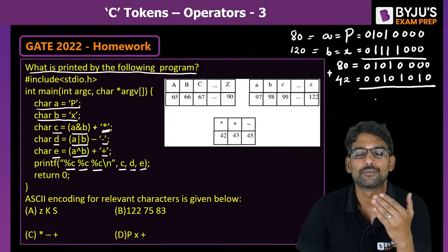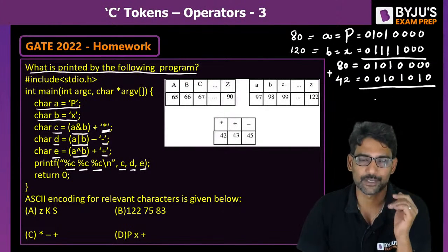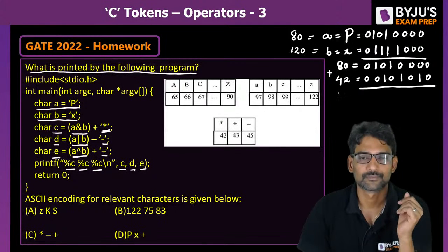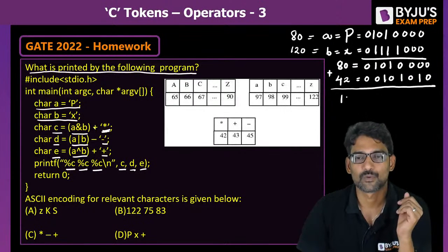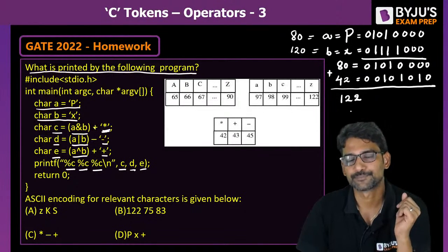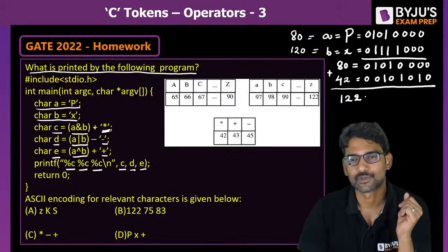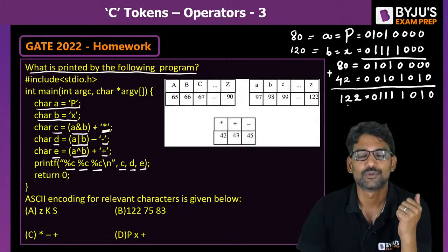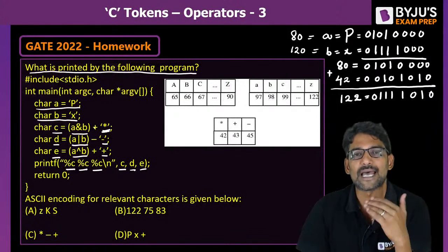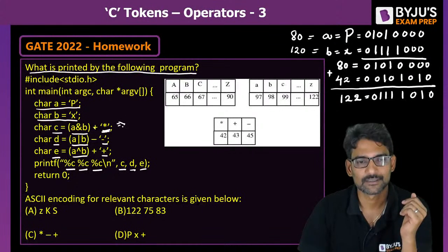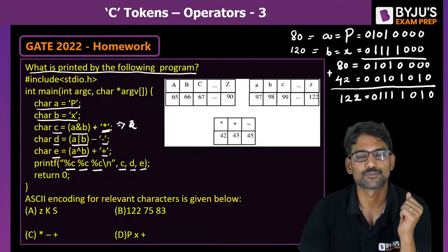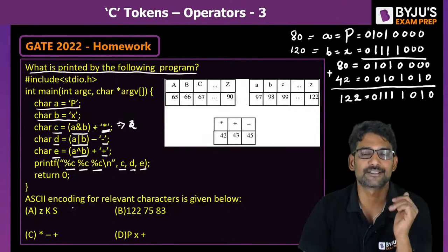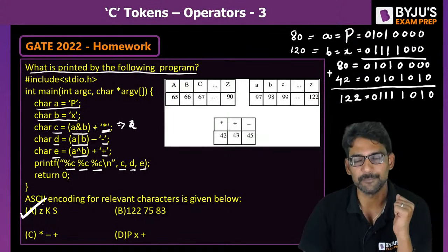Do the addition operation. 122 you will get. 122 ASCII character is what? Small z. So, here itself you can say the answer is option A.